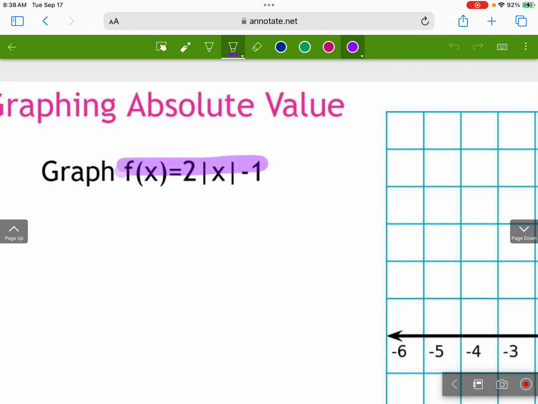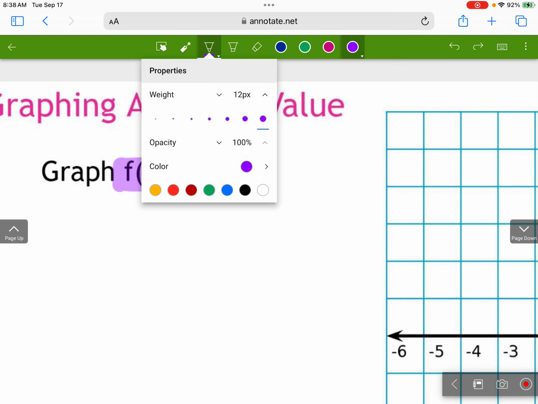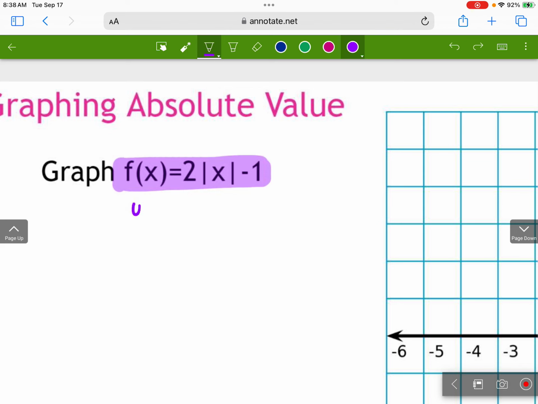This is my function rule. F of x, which is my y, equals 2 times the absolute value of x minus 1.